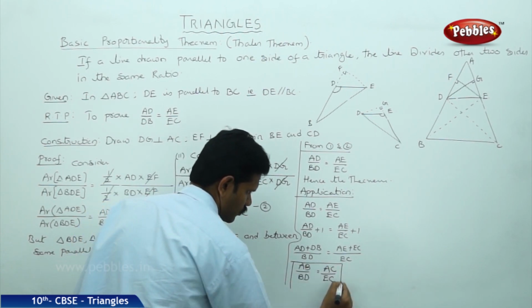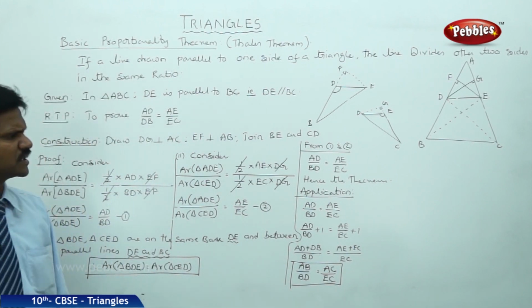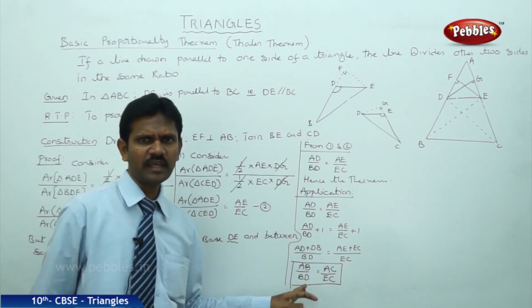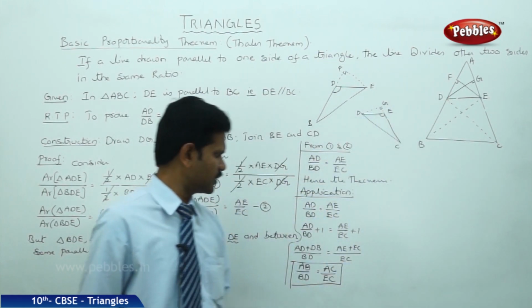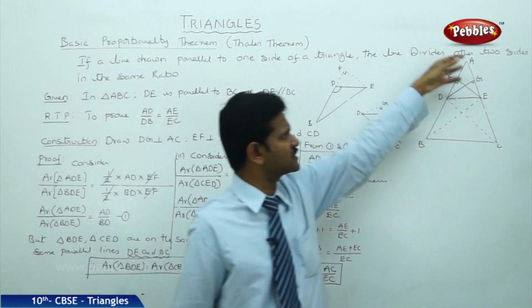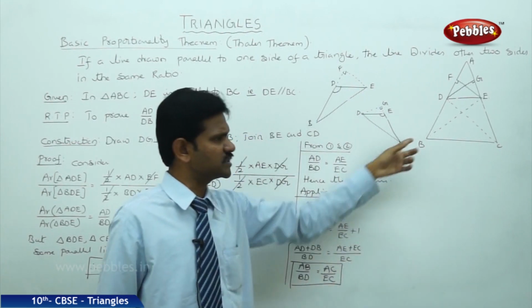What we understand from this is total by part. The total is AB and the other is AC by EC.